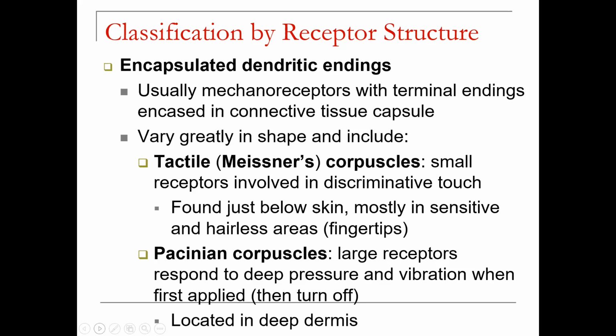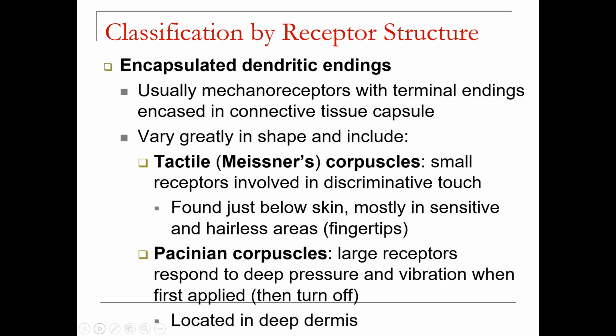Discriminating touch allows us to tell the difference between fine surfaces. Is this smooth or is this smoother? If you rub your hand across a piece of wood that was sanded with 60 grit sandpaper, it'll feel smooth until you rub it across something that was sanded with 600 grit. And that feels like glass.